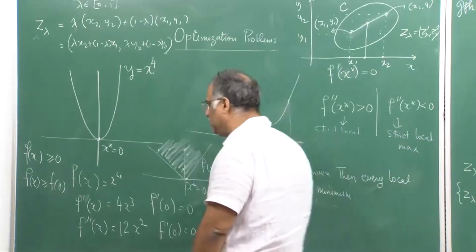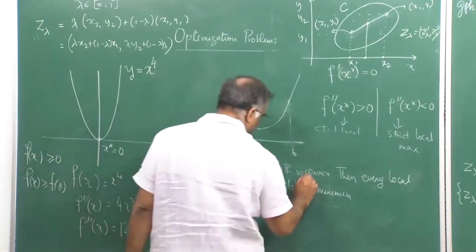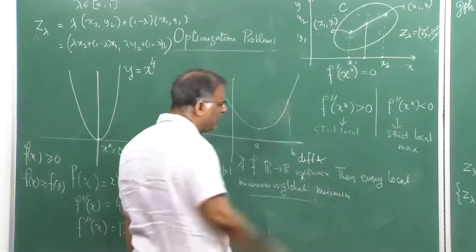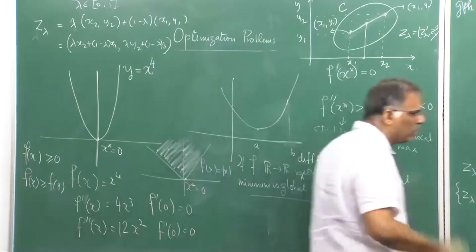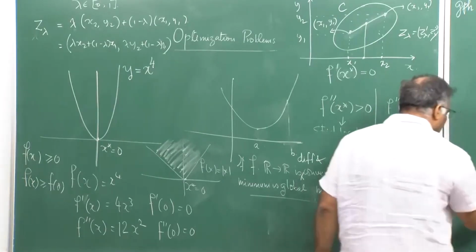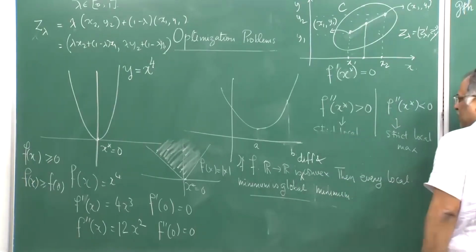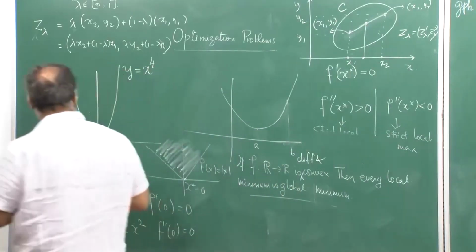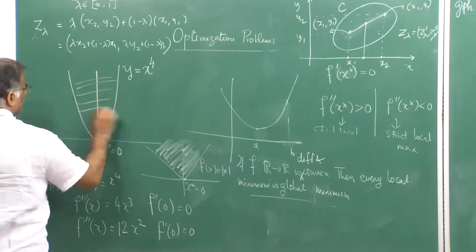So, my function is differentiable and convex. If the function is differentiable and convex, then every local minimum is global. So, how do I prove it? On what basis am I making such a statement? This is a very, very amazing statement. For example, if you look at x to the power 4, look at the epigraph.